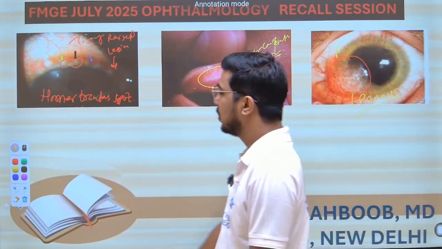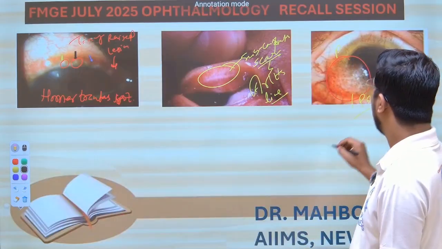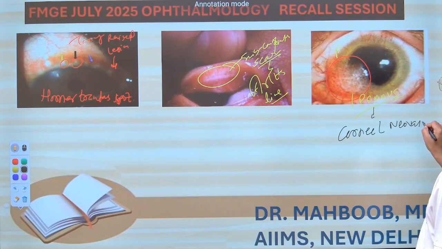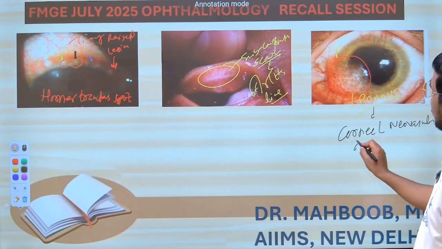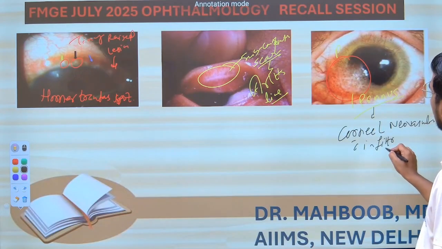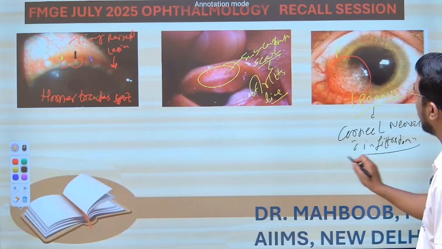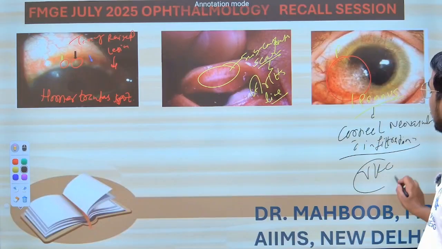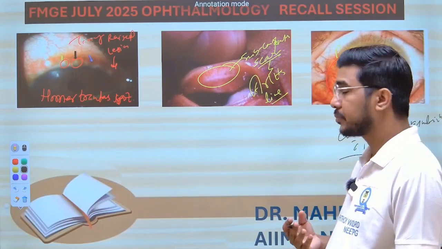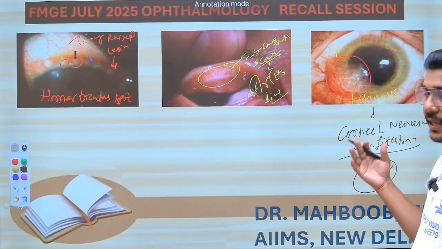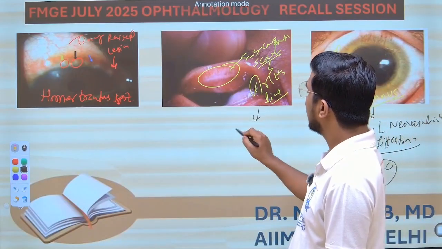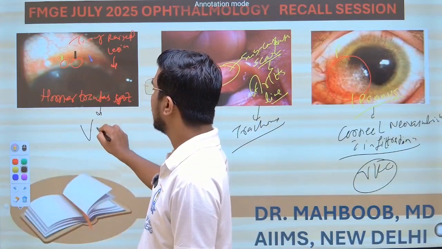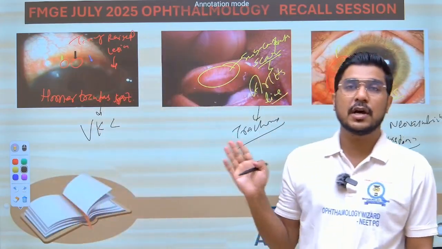What is a pannus? A pannus is corneal neovascularization with infiltration. If infiltration is there and neovascularization is also happening, as seen in cases of VKC, then this is called pannus. Arlt's line is seen in trachoma, and Horner-Trantas spots are seen in VKC. So all these photos are very important.